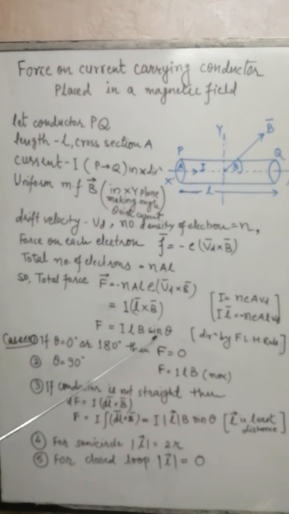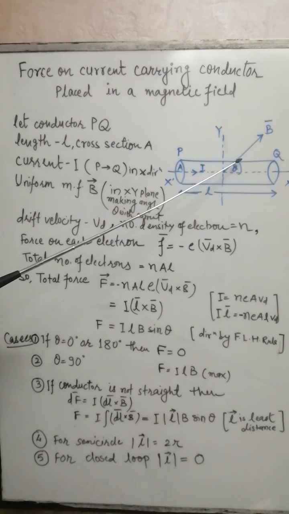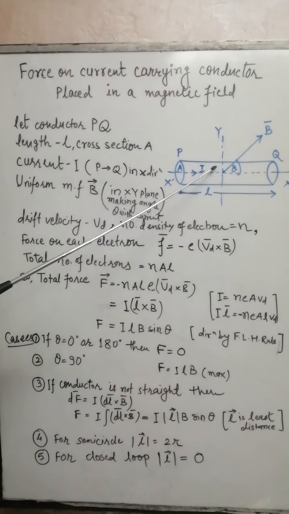So if we apply Fleming's left hand rule here, and we consider this angle theta, force will be maximum when sin theta is maximum, meaning theta should be 90. In this case, second case, if theta is equal to 90, B is into the paper, you can say inward.